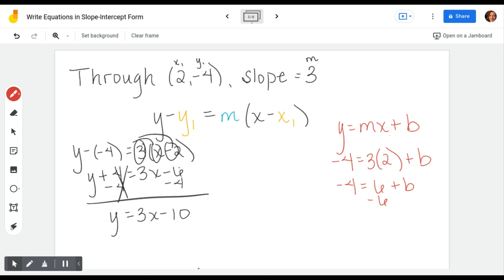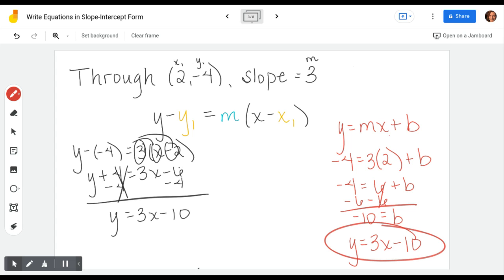I'm going to subtract the 6, and I end up with -10 for b. So that means my equation, I'm going to put y equals m is 3x, and then plus b, that's going to be a negative or minus 10. It's the exact same equation either way.